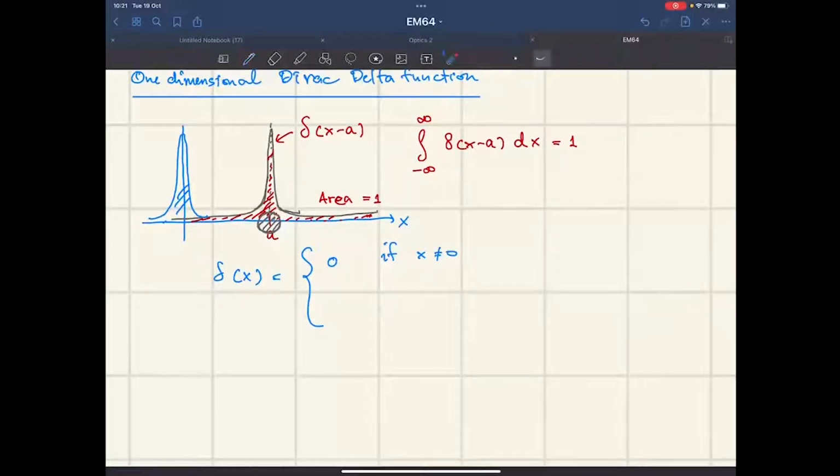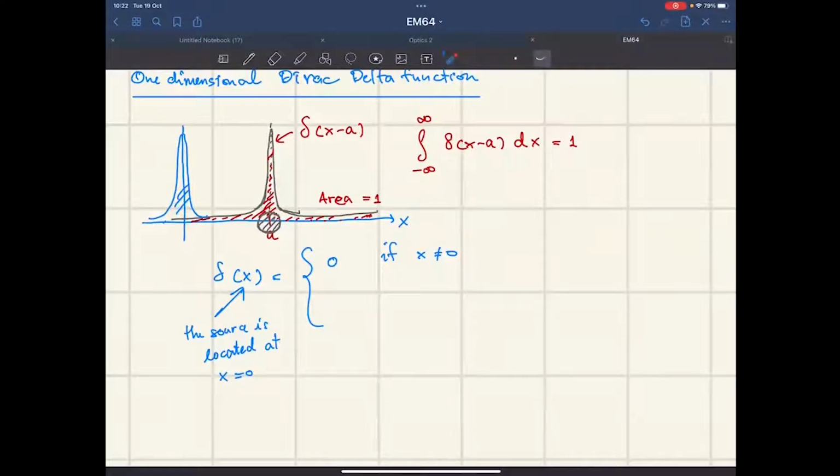It means that outside the origin, this thing means that the source is located at x equal to 0, which is this curve here.